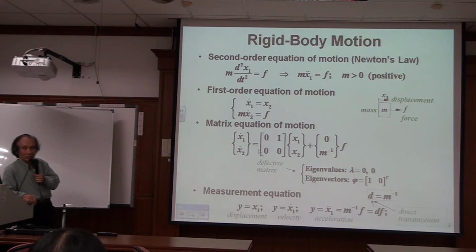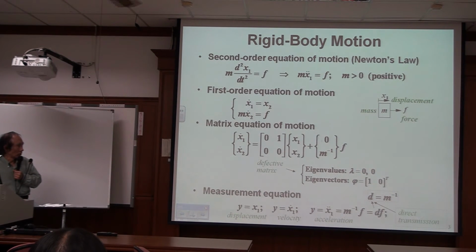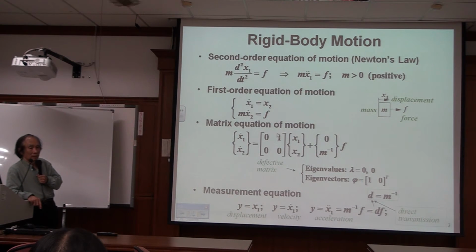Sometimes some books name it output equations. So in control design, we all talk about matrix equations because we always use only first order rather than second order equations. We always talk about eigenvalues of the matrix. That's the control.